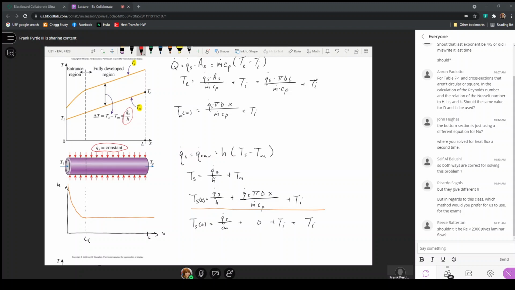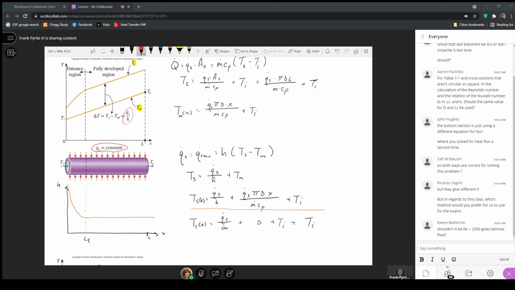The surface temperature varies nonlinearly in the entrance region because the heat transfer coefficient varies nonlinearly in the entry region. But once we get to the thermally fully developed condition, where the heat transfer coefficient becomes a constant, the surface temperature will increase linearly according to this expression, where h is what causes this variation in the temperature on the surface to look like it does in the entry region here.